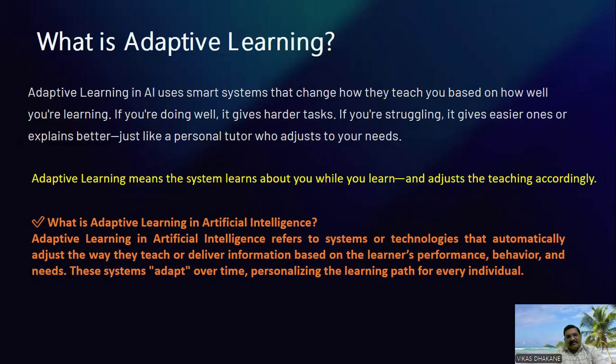So if this AI system gets good feedback from the learner or student, then the AI system updates its model, and accordingly it will give the next task to the learner.